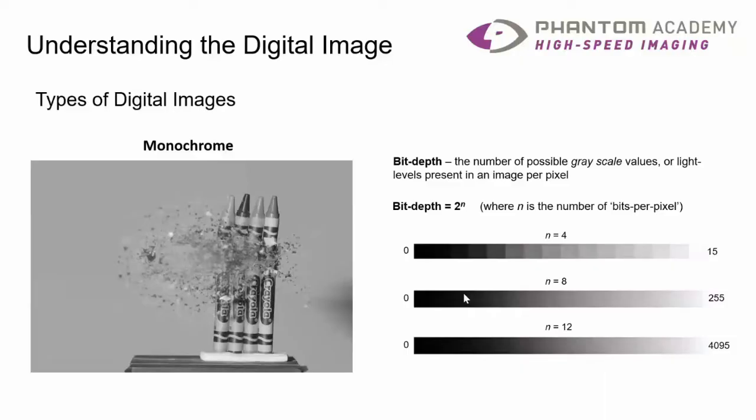For Phantom cameras, for the most part, they are 12-bit images. 2 to the 12th power is 4096, so you have 0 being black, all the way up to the brightest pixel value being 4095. Each step is an integer value in that scale.